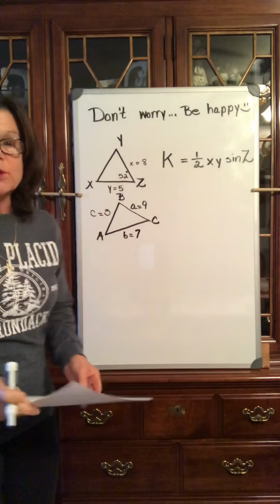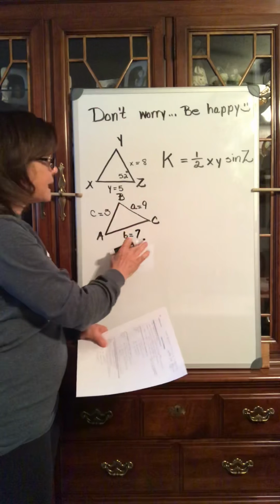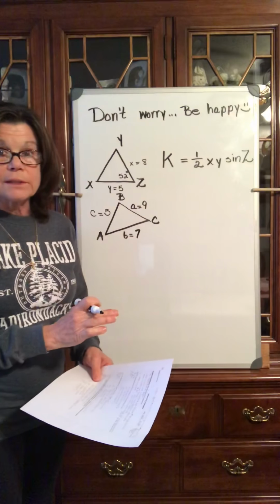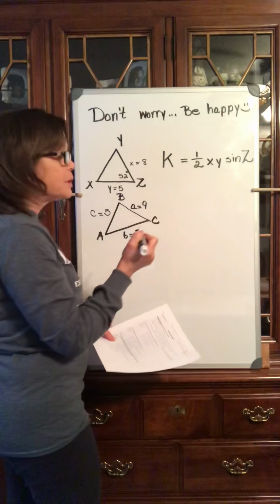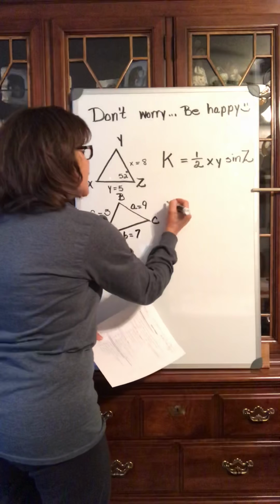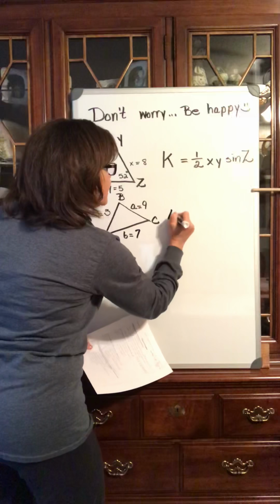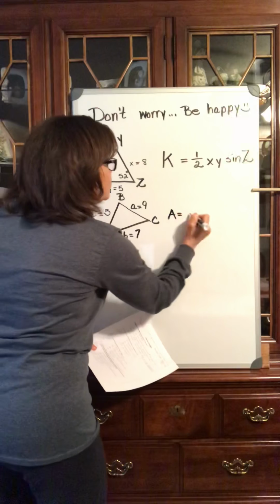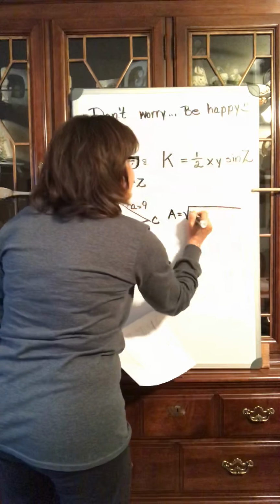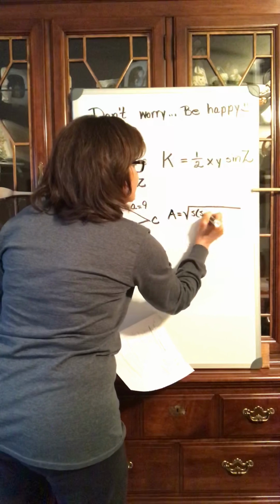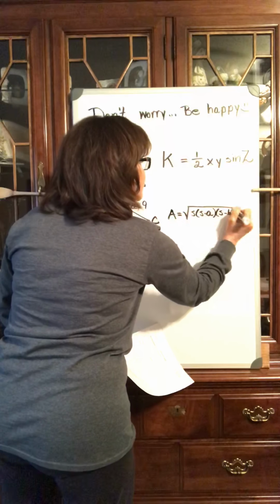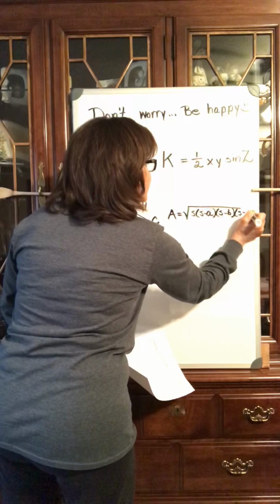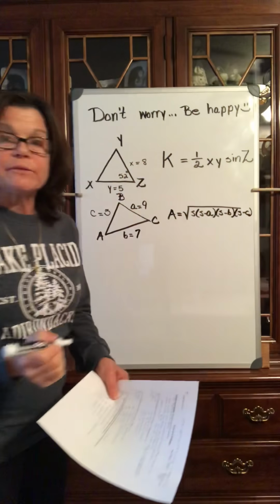So here's a situation where you know all three sides, you don't have any angles, and you have to find the area. So to do this one, you're going to use Heron's formula. Area is equal to the square root of S times S minus A times S minus B times S minus C, where S is half of the perimeter.